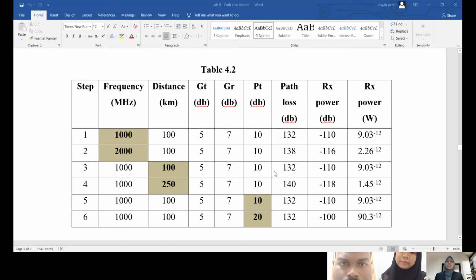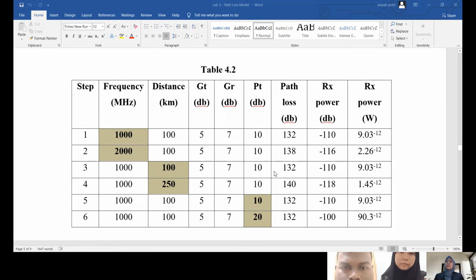And then the last one is step 6. We use frequency 1000 MHz, distance 100, GT 5, GR 7, and we change the PT to 20. So for the path loss, we get 132. Rx power is negative 100.